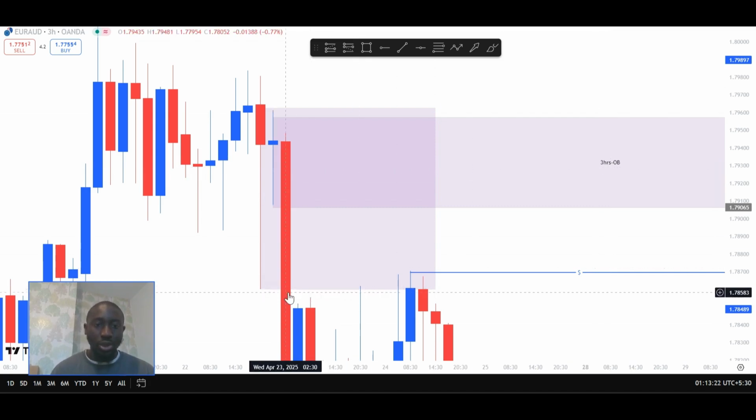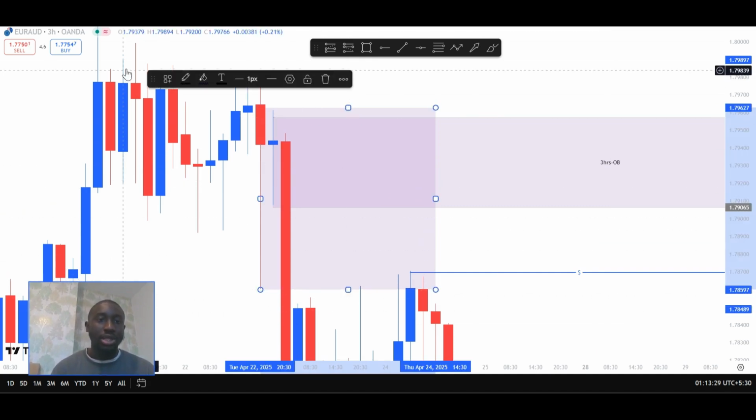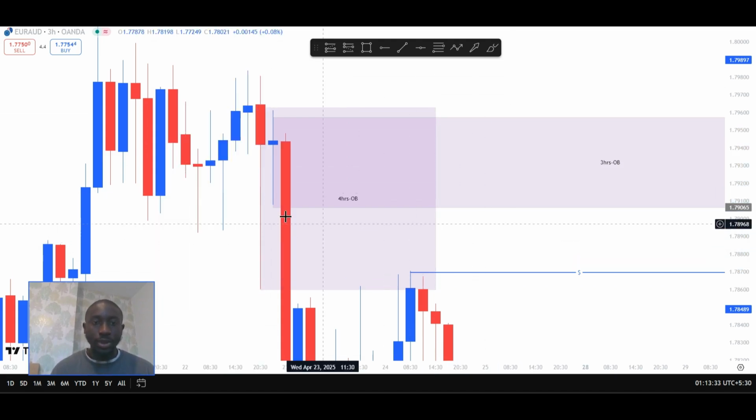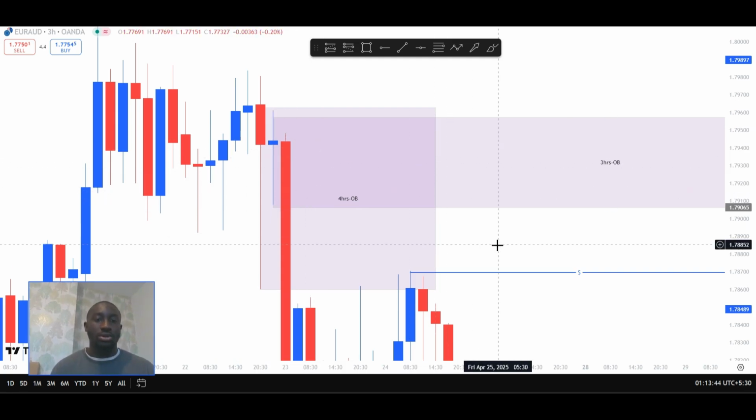This one was the 4 hours. This is the 3 hours time frame, so that is why it's like this now. You understand? So now let me mark this one as 4 hours, so you should not be confused. As you can see, we are in EUR/USD 3 hours time frame. This last blue candle before this red candle should be your 3 hours order block. That is how to trade with an order block.